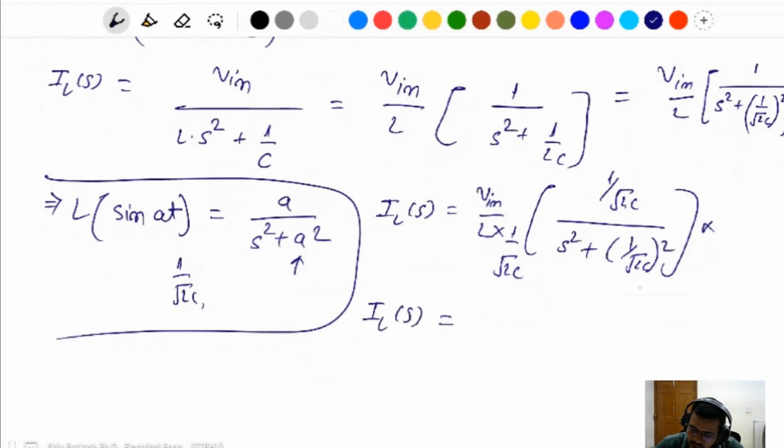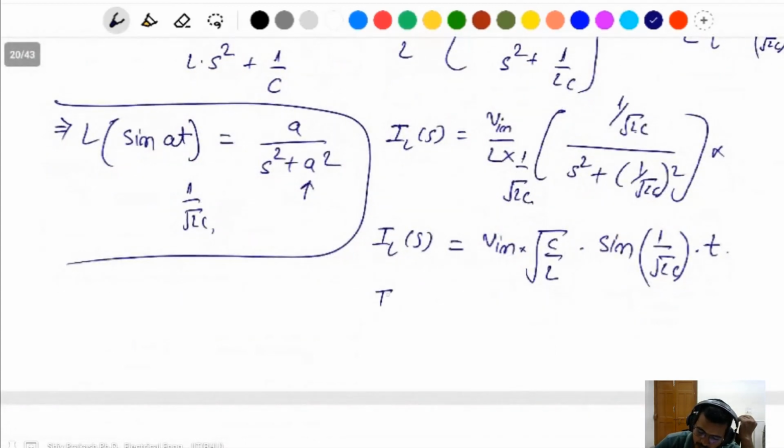This whole thing is sinusoidal. The root of L cancels out, then V in into C goes to the numerator, giving root of C by L times sin of 1 by root of LC into t.